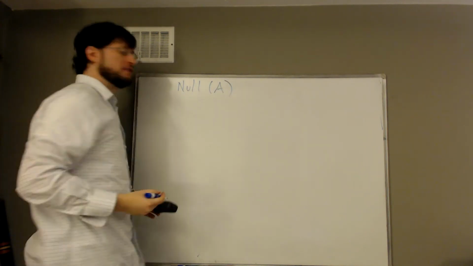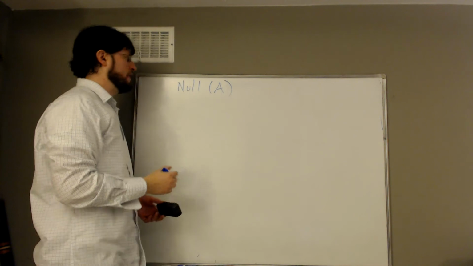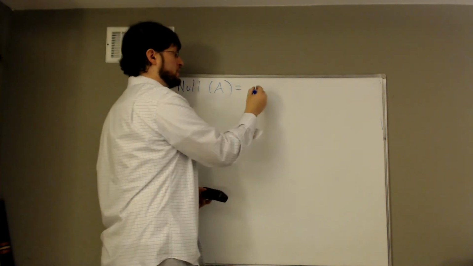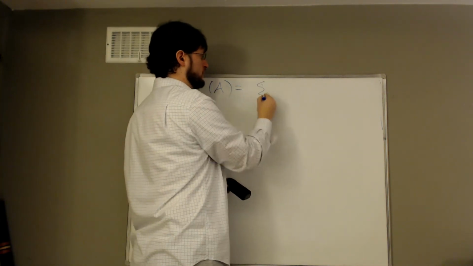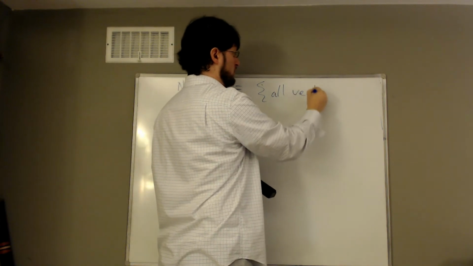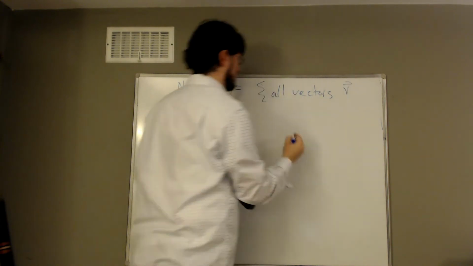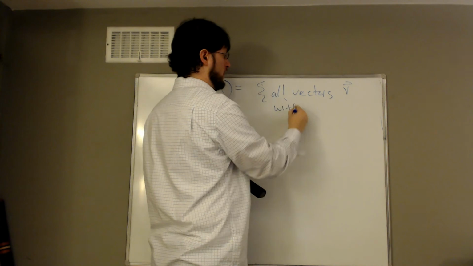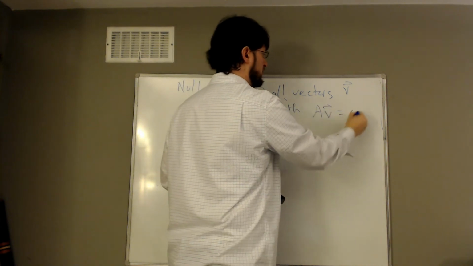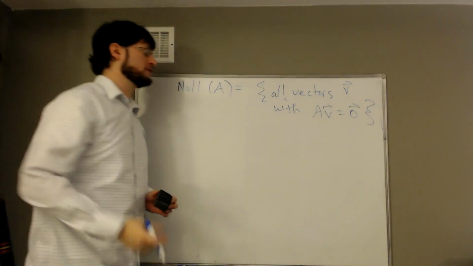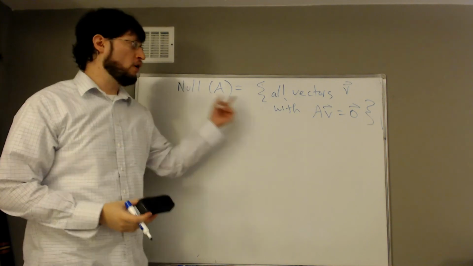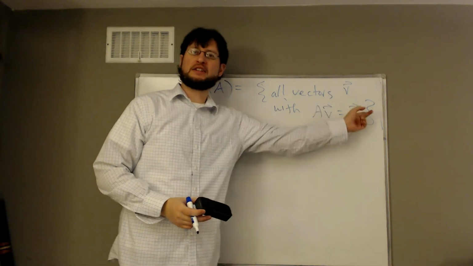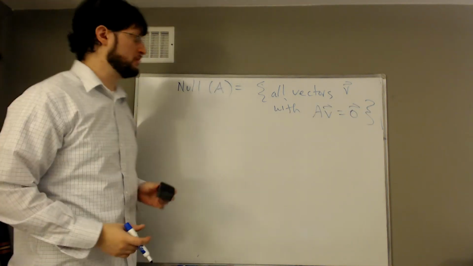We've also seen the set null A, which is the set of all vectors v with Av being 0. So null A is all vectors which get sent to 0 under matrix multiplication.